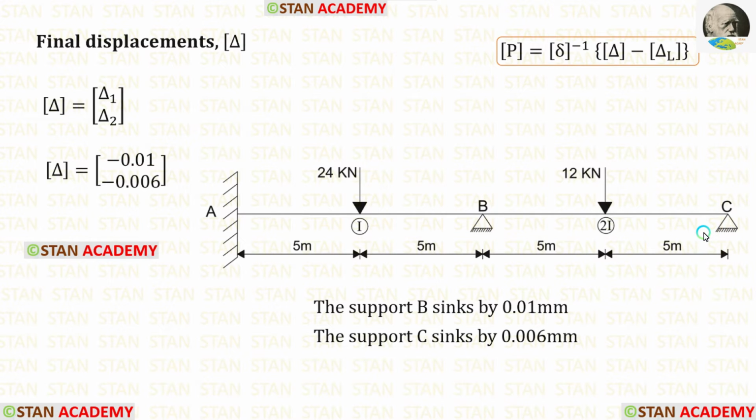Our second coordinate is in the point C. The support in the point C sinks by 0.006 millimeter. Since the sinking occurs downwards, we have to apply this value with the negative sign. In this formula, now we are going to find delta L matrix and the flexibility matrix.